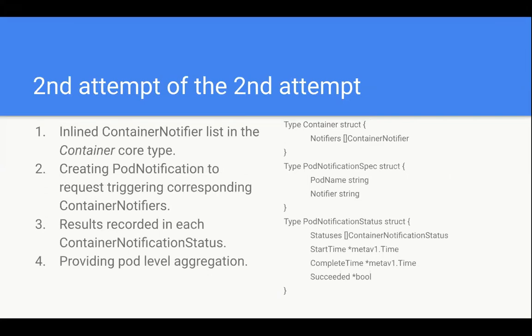The current attempt is at the pod level. Let me give you an example why. First of all, there could be multiple containers within the pod, and they do different things.